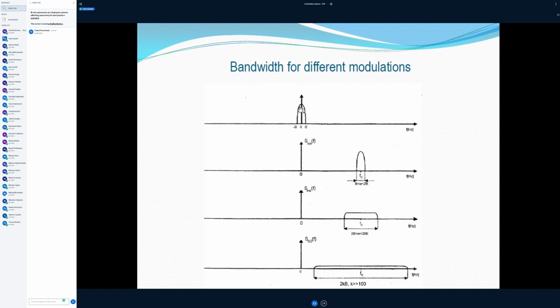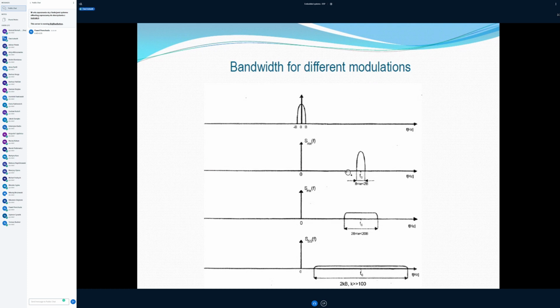So our data are in the baseband, and it looks like that. Maximum frequency is B. Our amplitude modulation moves the whole spectrum to the frequency of the carrier.